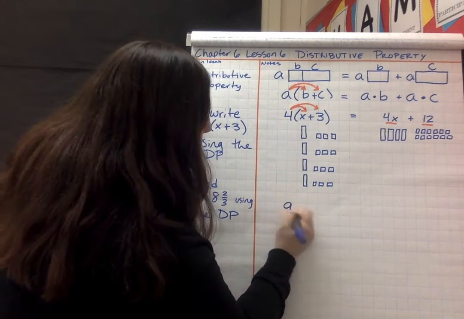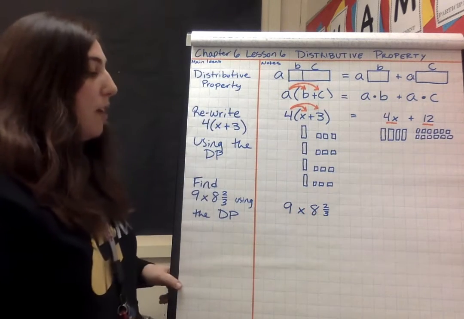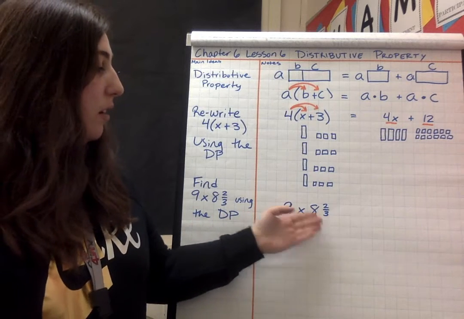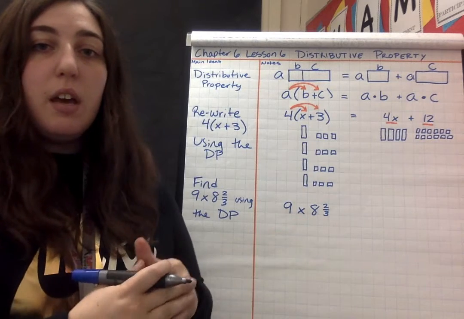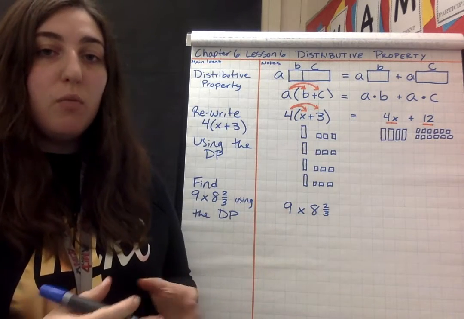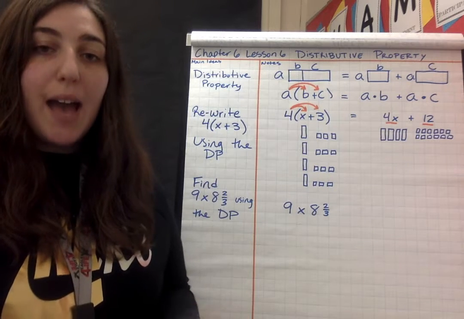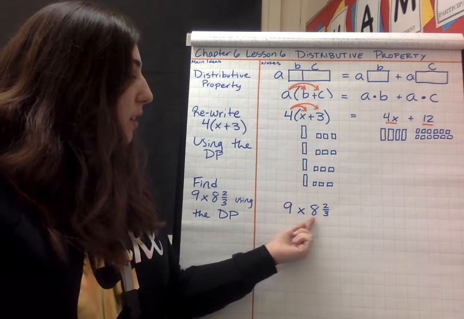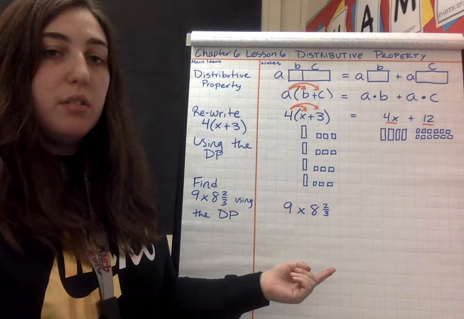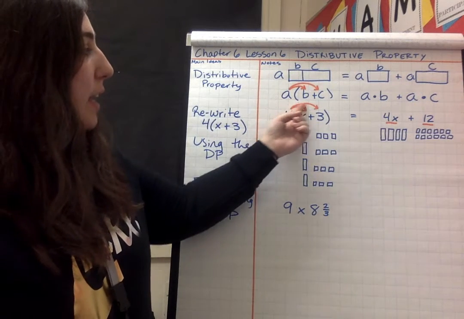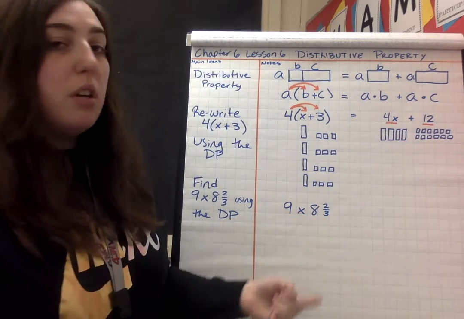So I have 9 times 8 and 2/3. Okay, well, let's say that again. 9 times 8 and 2/3. One key word is the word and. So and a lot of times tells us that we're adding. So instead of this being one number, it could be written as 8 plus 2/3, which would look a lot like this, right? 9 times 8 plus 2/3.